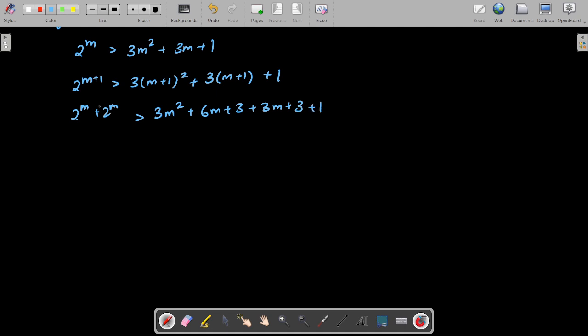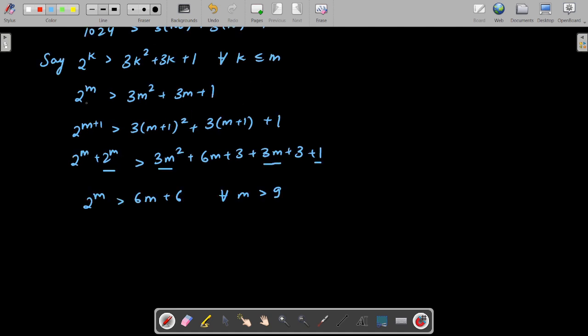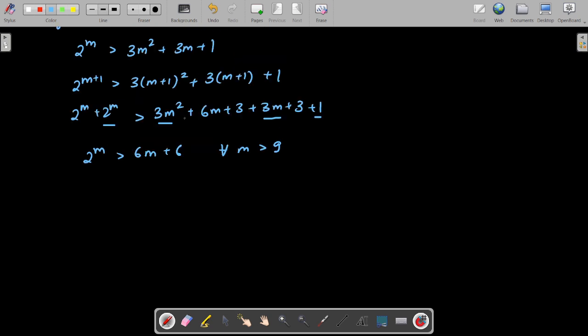We already have that 2 to the power m is greater than 3m square plus 3m plus 1. So essentially if we prove that 2 to the power m is greater than 6m plus 6 for all m greater than 9, then we can add the rest of the assumption based off of our inductive hypothesis.